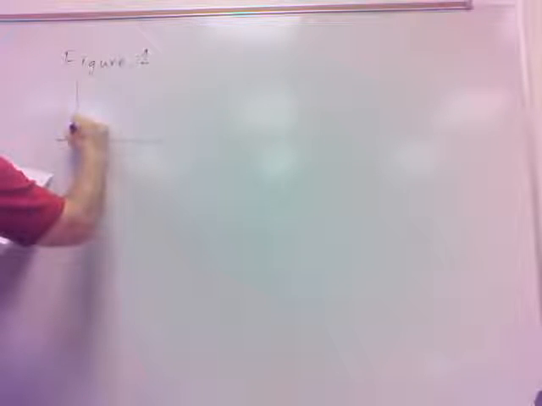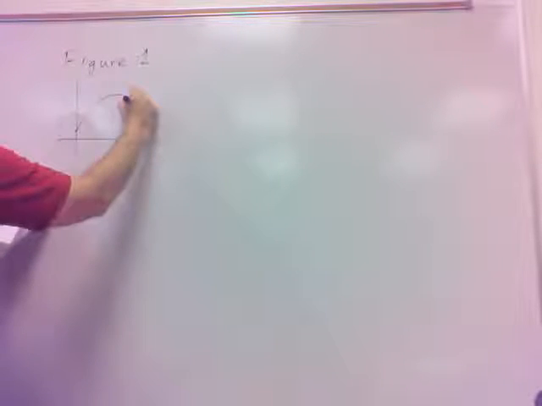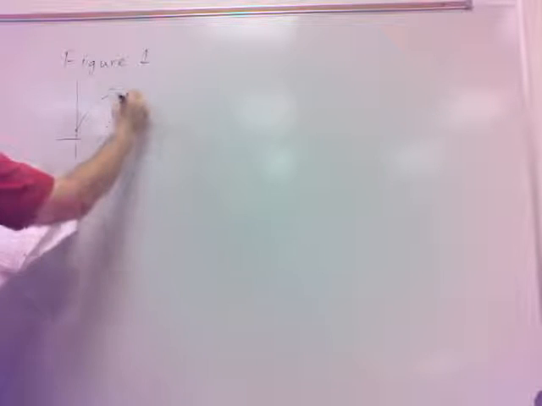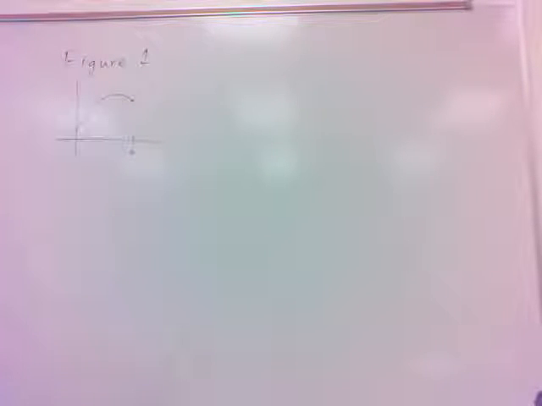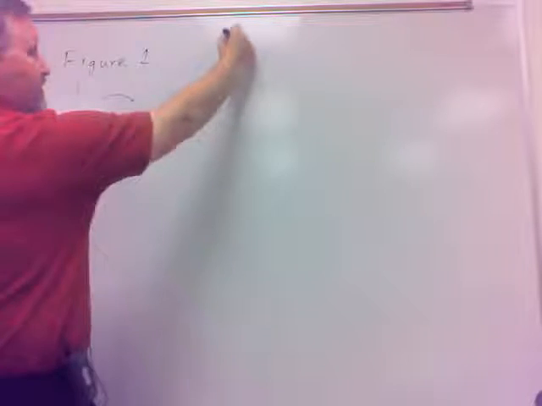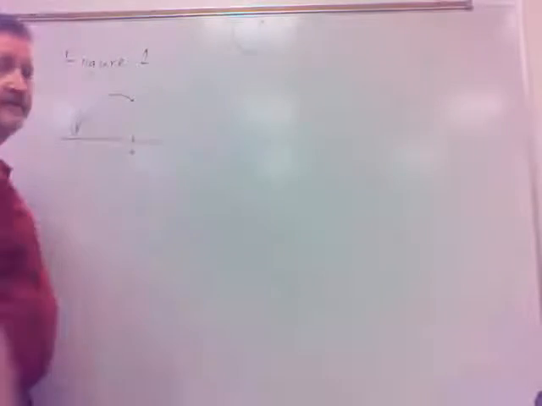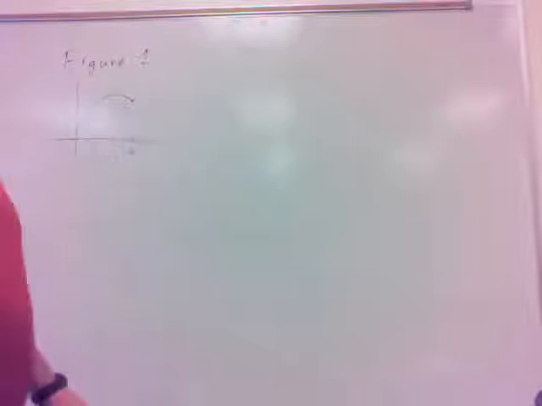It starts here at 1. The first thing I wanted to mention, and they do this in the homework, is that this one's different in that it doesn't extend infinitely both ways. Our parabola before went up infinitely, and so our range was 4 to infinity.